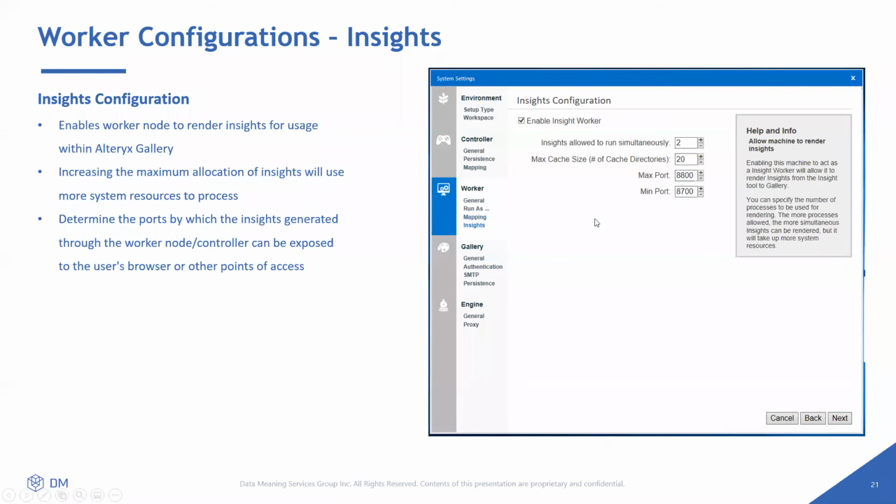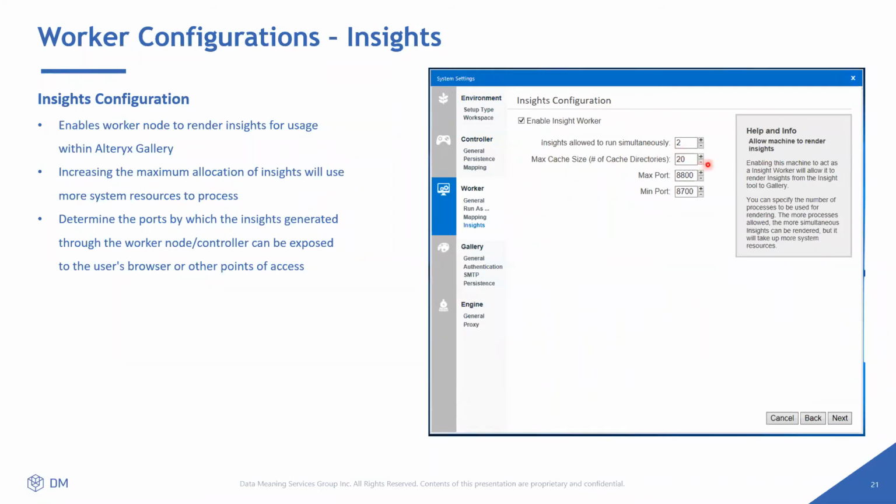And this kind of follows suit with that next piece talking about insights. So again, there's no harm in directly enabling an insights to be able to be processed by a worker node, but you still want to be mindful of what the insights are being built for, what they're being used. You can set how many insights you want to allow to be created simultaneously.